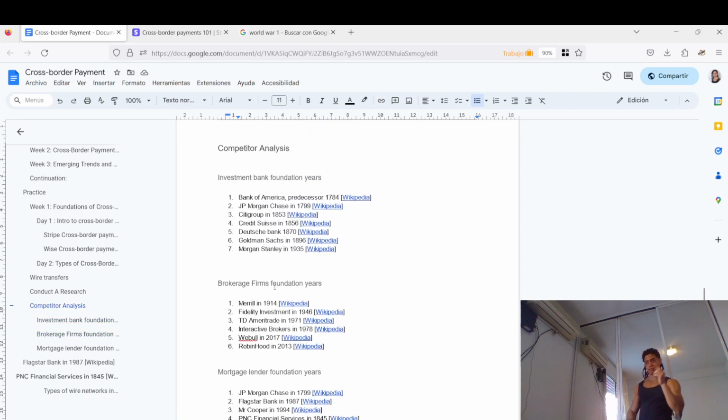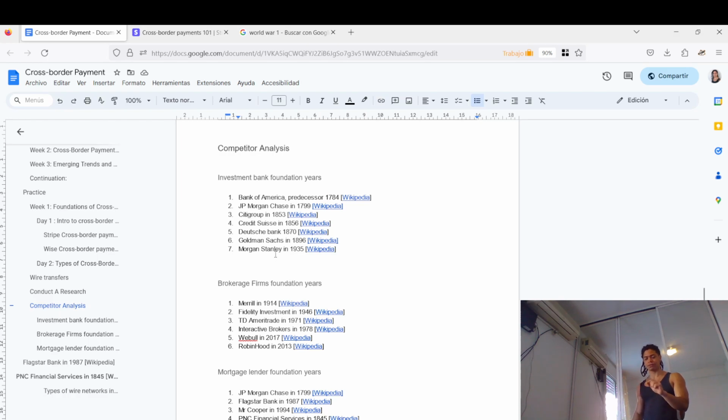Once I look at this competitor analysis of the financial institutions: investment banks such as Bank of America, JP Morgan, Citigroup, Credit Suisse, Deutsche Bank, Morgan Stanley, and Goldman Sachs.